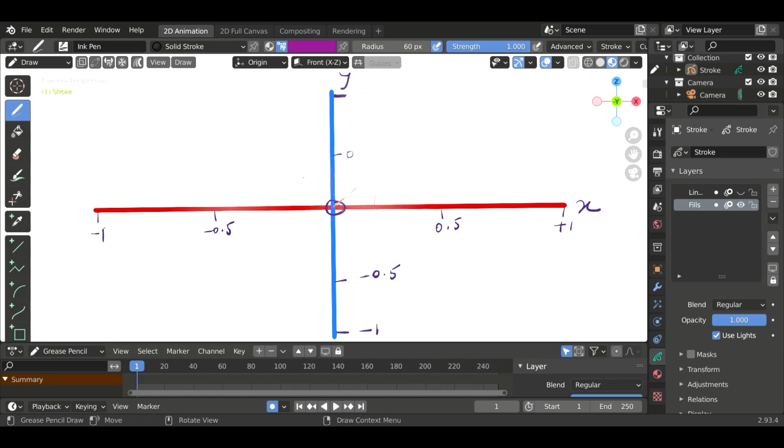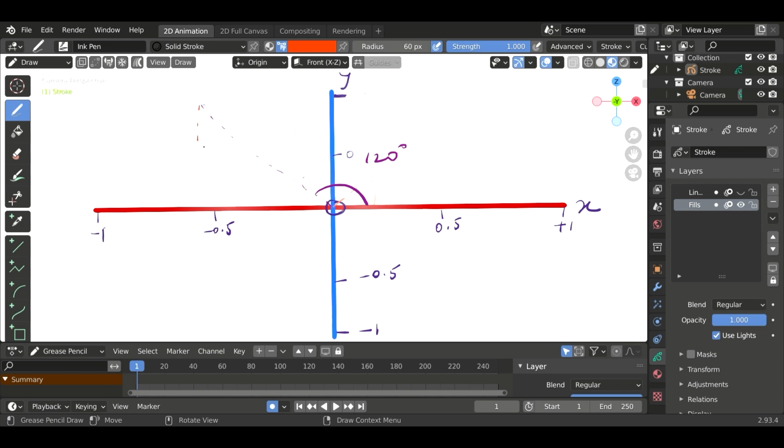Let's say I look for the sine of, I don't know, or cosine of 120 degrees. I look for the cosine of 120 degrees. You have to check what it's reading on the x-axis.